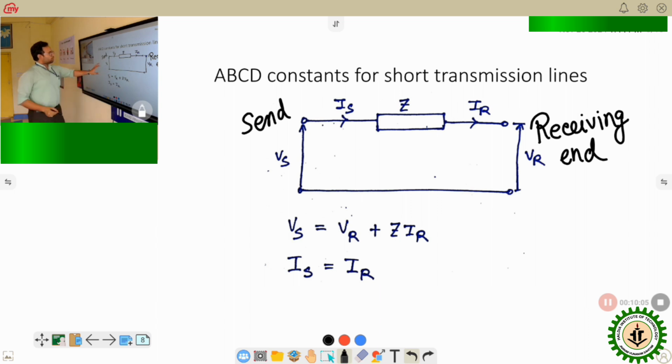We have got VS, IS, VR, IR, but we only have the impedance here. There is no admittance in this circuit.